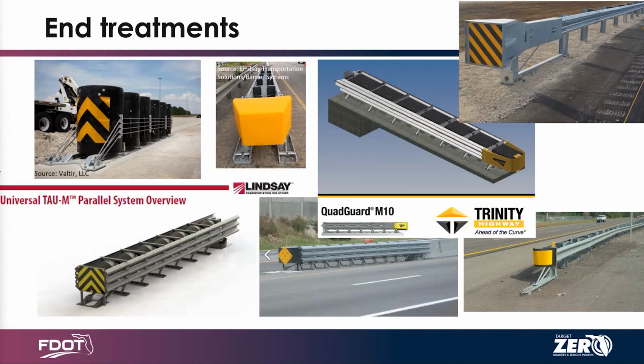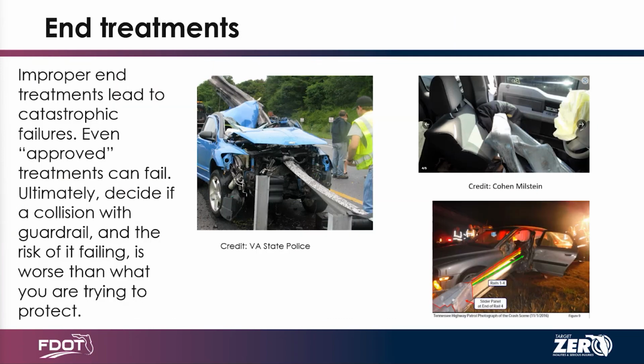And finally, we have end treatments to those barriers, and just making sure that these are being provided. And why are those important, you might ask? That is because improper end treatments might lead to catastrophic failures. And even approved treatments can fail, so ultimately decide if a collision with a guardrail and the risk of it failing is worse than what you're trying to protect.